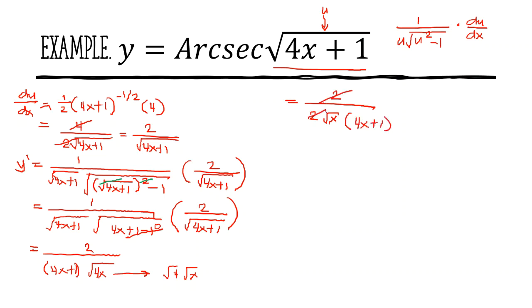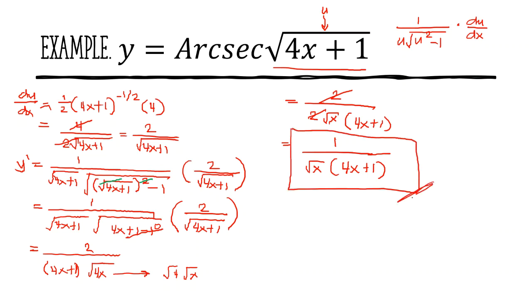So, cancel the 2. So, the final answer is square root of x times 4x plus 1. So, this is now our final answer. This is the most simplified form of our answer. But if you still want to distribute this, you can still do so.